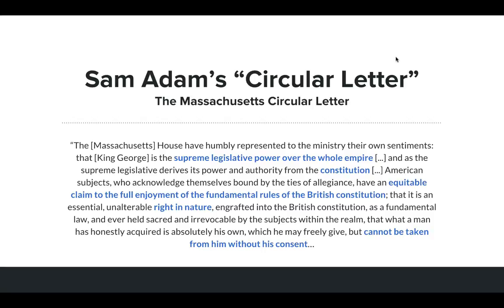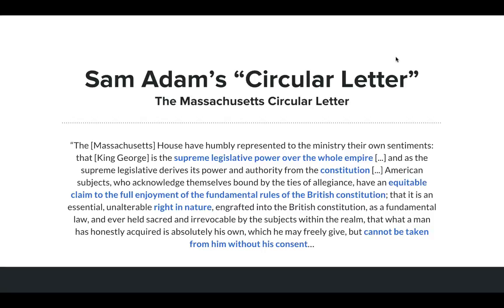So far, we've looked at many different ways that the British tried to enforce revenue acts on the Americans, and it ultimately climaxes to the Townshend duties introduced by Charles Townshend. The circular letter is a response to this, and it's called a circular letter because it was written with the intention of circulating through the colonies.